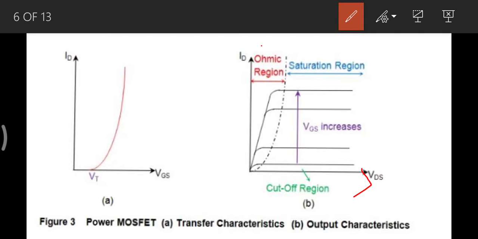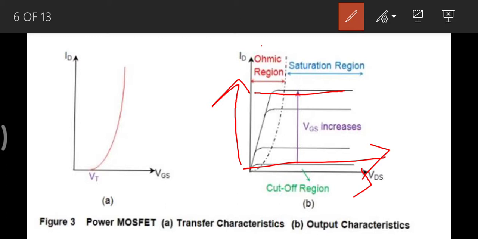If you increase the gate to source voltage, the drain current increases up to a certain point only. After that it does not increase any further, even if you increase the gate voltage.